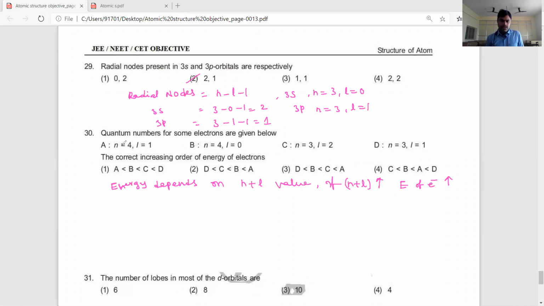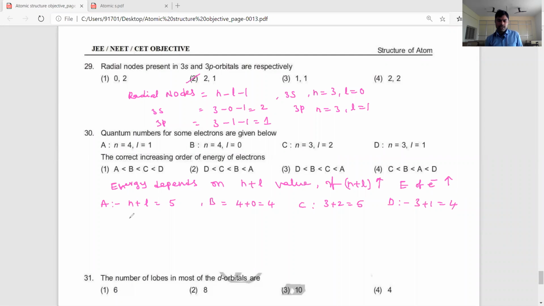See the first one, A, n plus l is equal to 5, and B, n plus l is equal to 4 plus 0 is equal to 4, and C option, n plus l is equal to 3 plus 2 is equal to 5, and D option, 3 plus 1 is equal to 4.